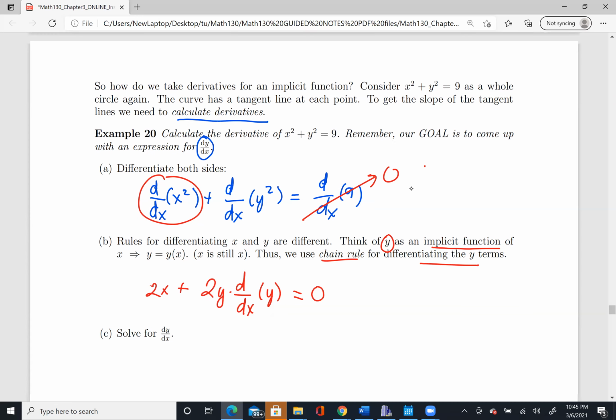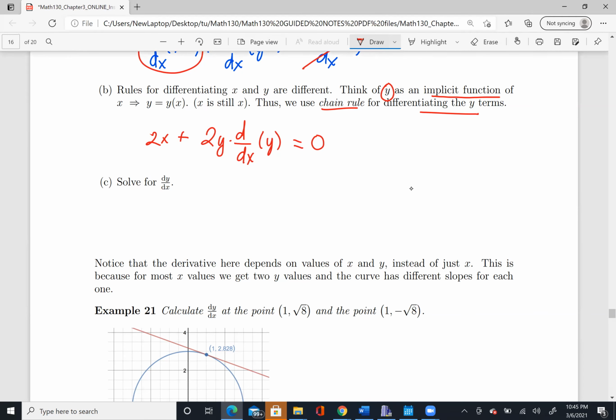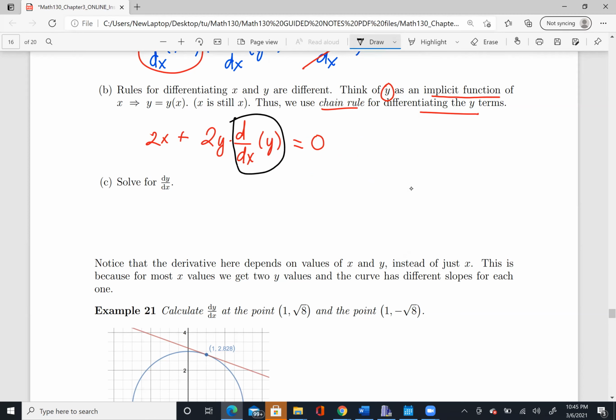Okay, let's move on. The last step is just to solve for dy dx because we are looking for it. So we are looking for this one. To solve it, you need to subtract 2x from both sides.